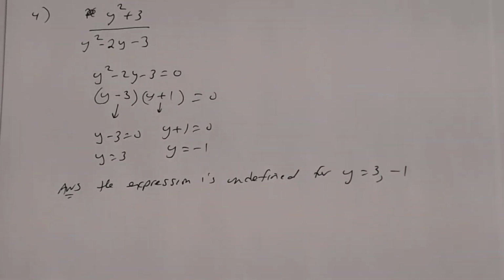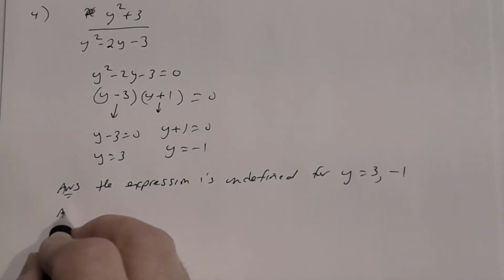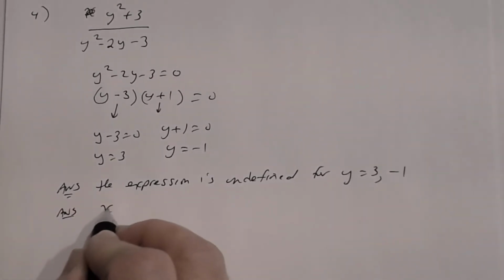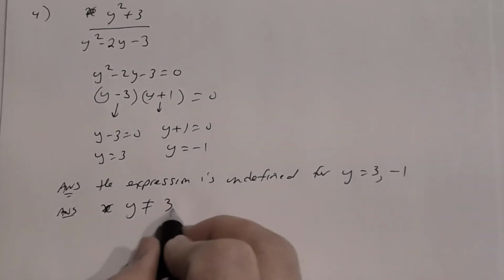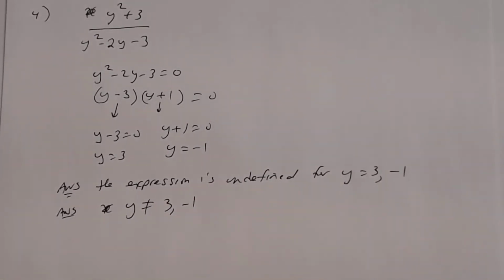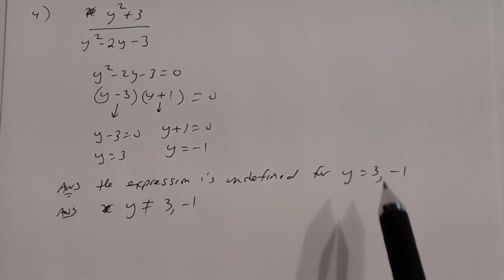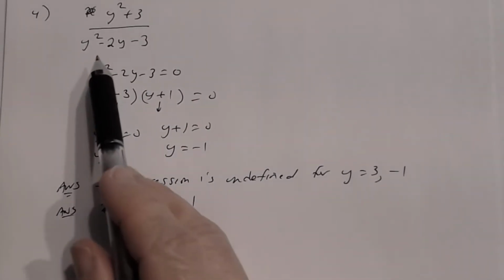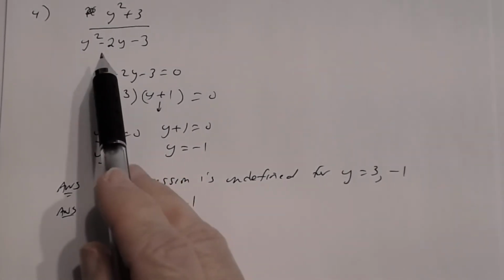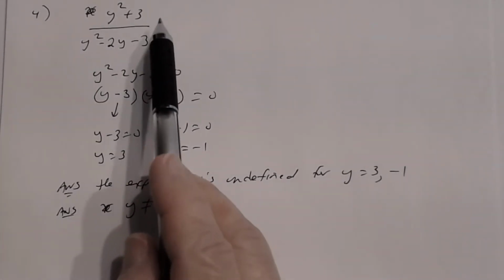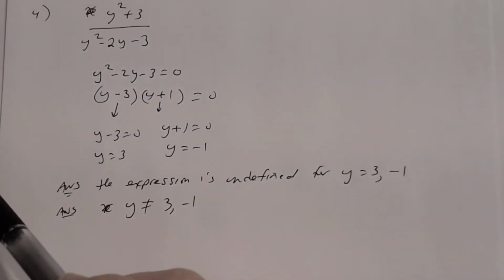That's what I found. Another way you can say that is that y cannot equal positive 3, negative 1. Because when y equals a positive 3, this denominator is 0. And if that denominator is 0, this rational expression is undefined.